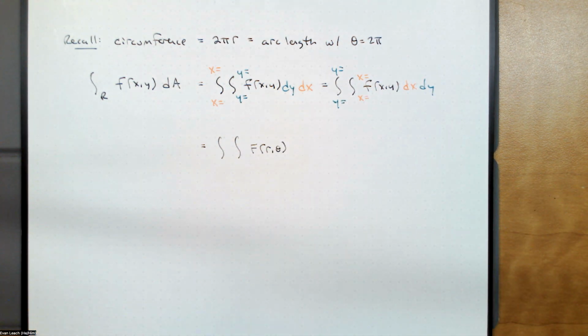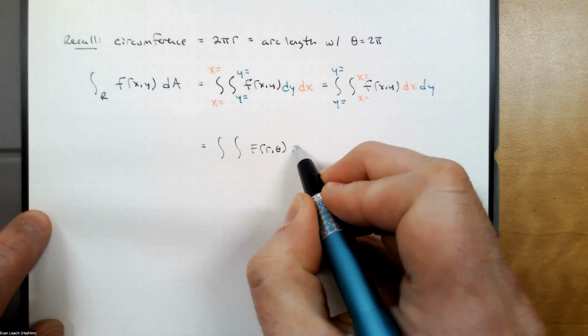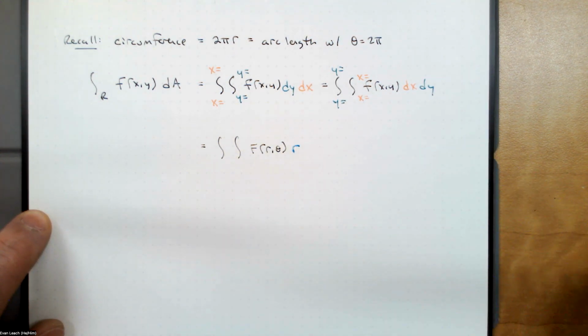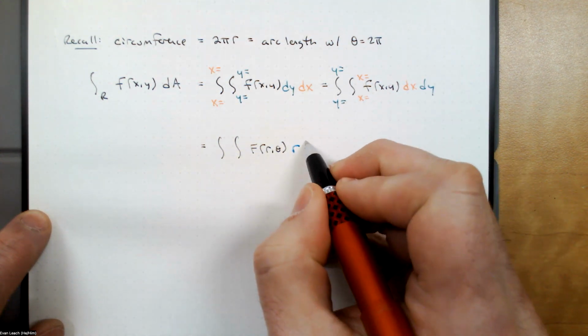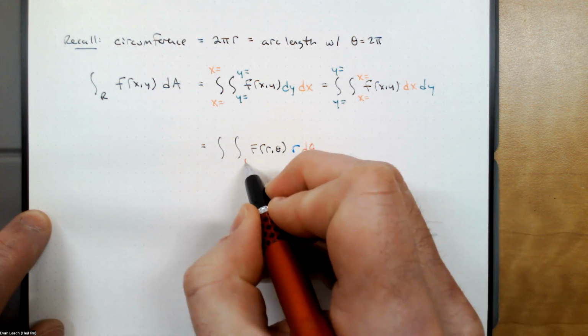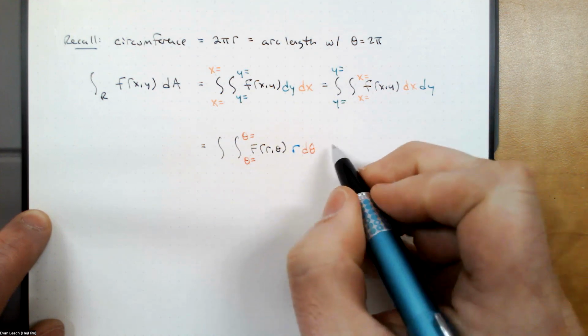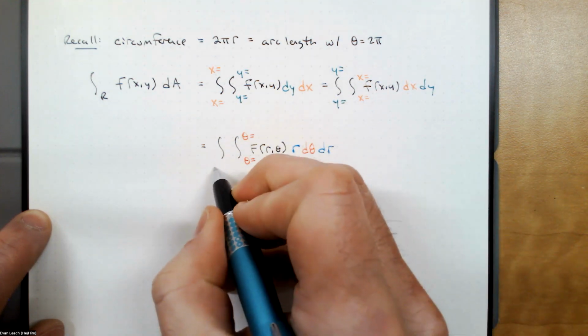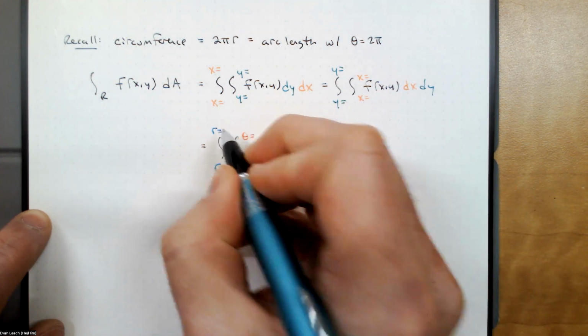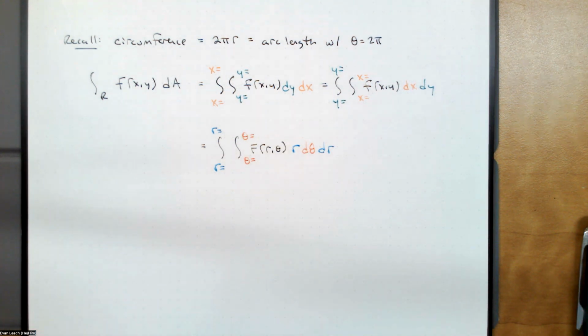And dA is not just d theta dr. I need to have an extra factor of r that turns d theta into a length.